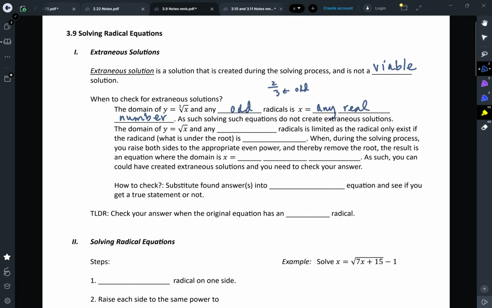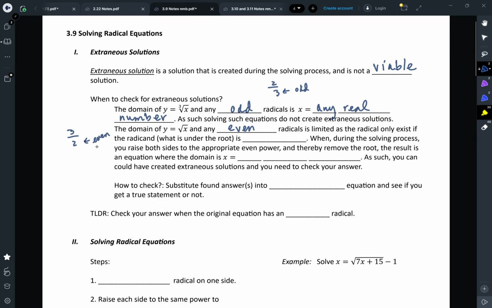So when we have to be careful is when we have something like y equals square root of x and any even radicals. So now think of instead a 3/2 power, right? In 3/2, the top number would be your odd power, but the bottom number is 2, so we have an even root.